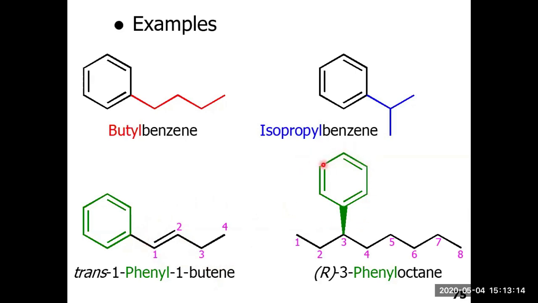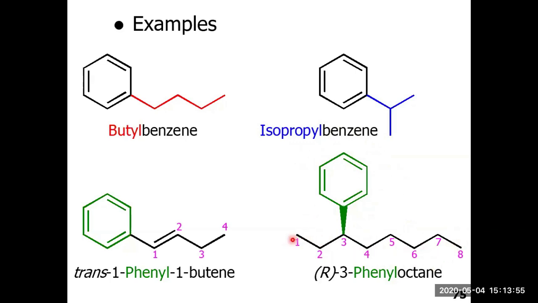Now, let's try to consider this example. So we have here a benzene ring, and this one is attached to your alkyl group, and this one doesn't have any unsaturation, but the alkyl group has more carbon atoms than the benzene ring. So in this case, the phenyl ring becomes a substituent of a larger structural unit, which is this alkyl chain here.